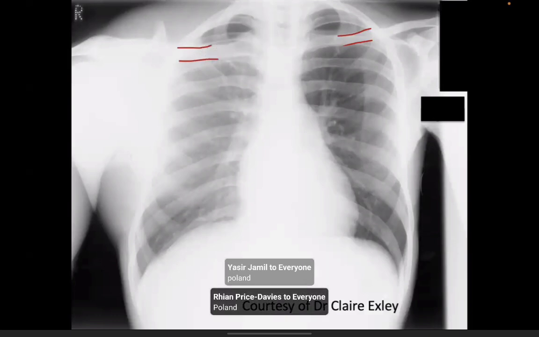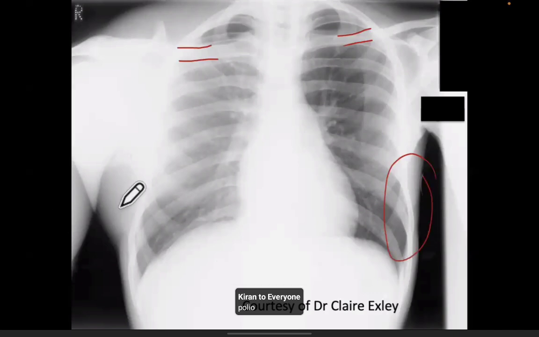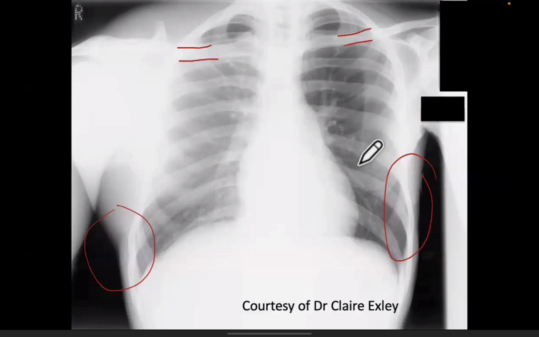So there's a small clavicle, certainly in terms of cross-sectional area. We've got loss of soft tissue here compared to over here. Therefore, it's polio on the left-hand side. Could it be Poland syndrome? Probably not, actually, because it's involving more than just the pectoral muscles.